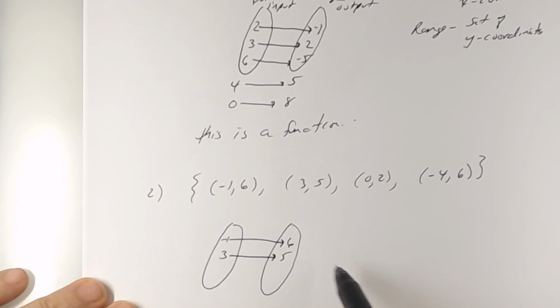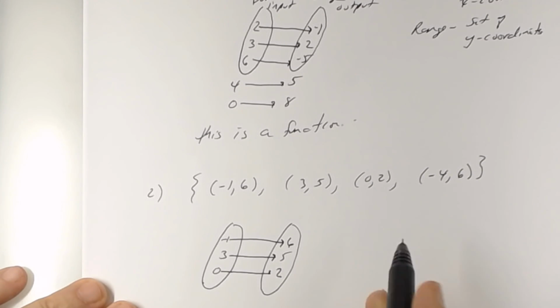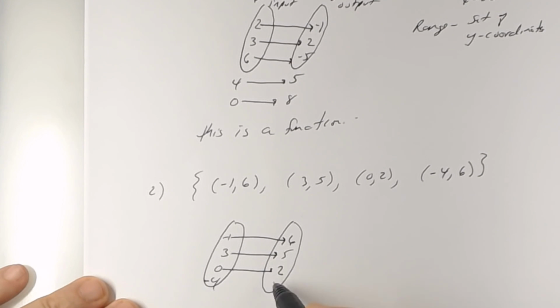So far, it looks like a function. When x is 0, my y coordinate is 2, right? When x is -4, now remember, if the value occurs more than once, it's only listed once. So when x is -4, I already have 6 listed, so I'm just going to draw an arrow to 6 here.